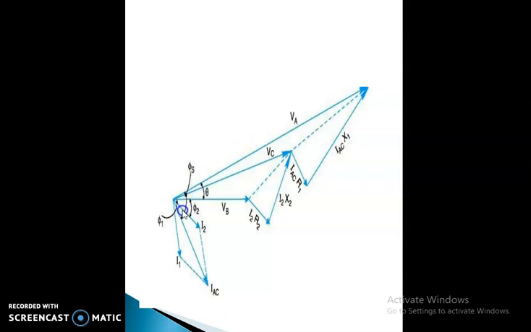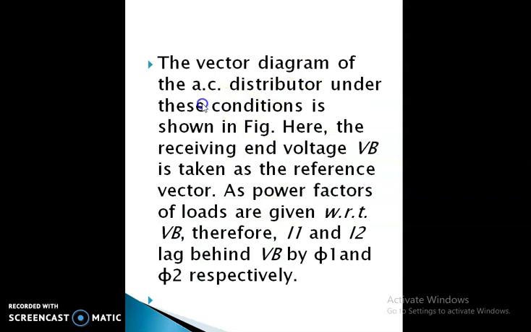So cos phi s is for the angle between ISC and VA, theta is the angle between VB and VA, and phi 1 is the angle between VB and IA. The vector diagram of the AC distribution under this condition is shown in the figure. Here the receiving end voltage VB is taken as the reference vector as the power factors of the loads are given with respect to VB. Therefore I1 and I2 lag behind VB by phi 1 and phi 2 respectively.